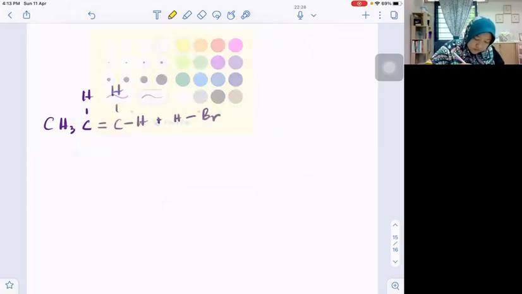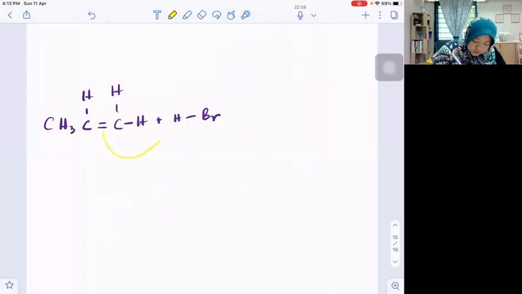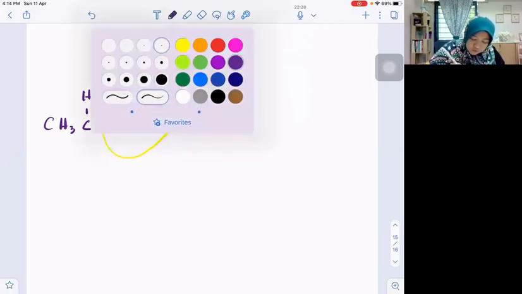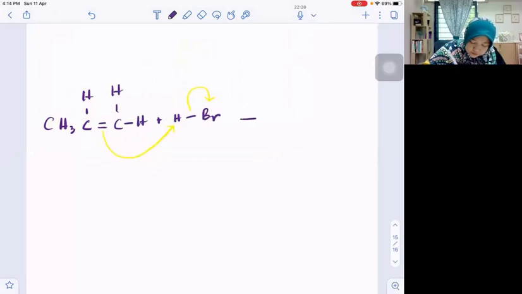The first step is this electron will attack H, and then heterolytic cleavage occurs. So there are two possibilities. Either the hydrogen is attached to this carbon or the hydrogen is attached to the first carbon. So we have to draw both possibilities.